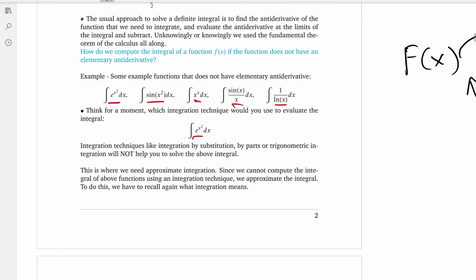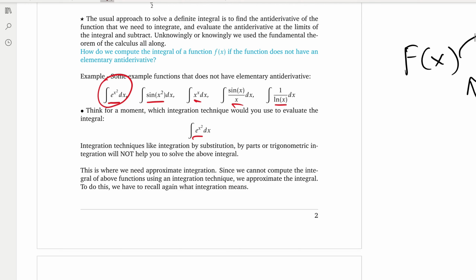Probably they don't have a closed form. Probably they are an infinite combination of functions. Then what integration technique would you use? That's the problem. You cannot use integration by parts or substitution. What method are you going to use to solve this integral?